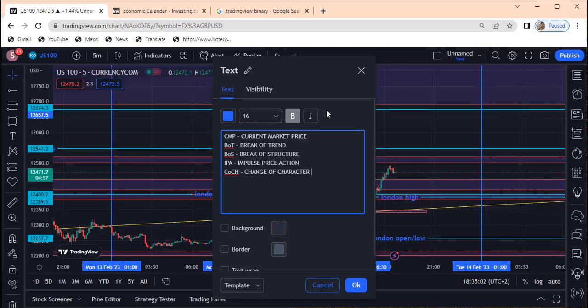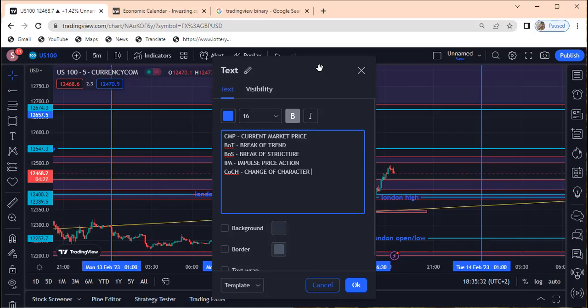Oh, wait, you said the impulsive price action is? IPA. Yeah, IPA. Oh, I'm sorry, man. So what it is basically is an impulsive move, impulsive action within the price that we are looking at. So if we start to get an aggressive pull, it's an IPA.